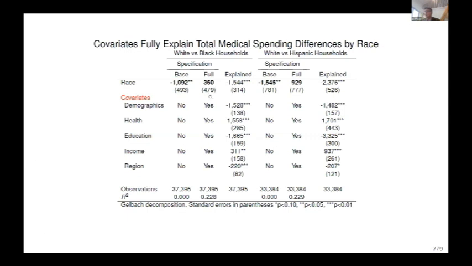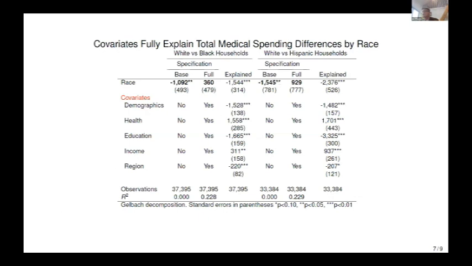In the full specification, we control for demographics, a very large number of health indicators, all the health indicators basically available in the Health and Retirement Study data, education, income, and region, and we can fully explain differences in medical spending. Taken at face value, once we control for all these other covariates, Black-headed households on average actually spend $360 more per year than whites.